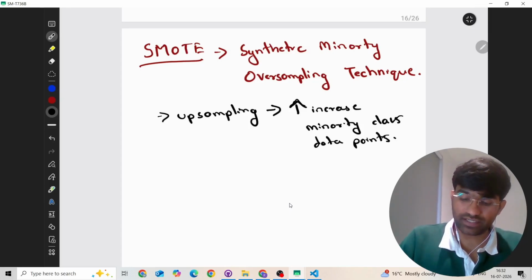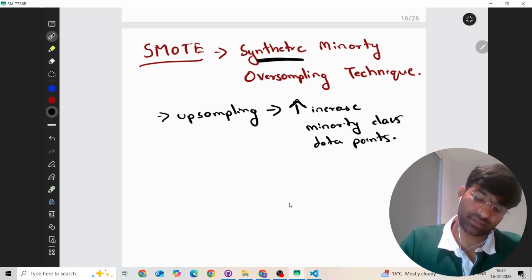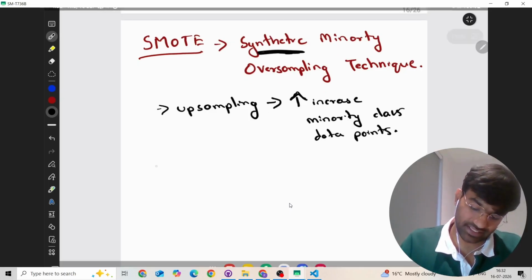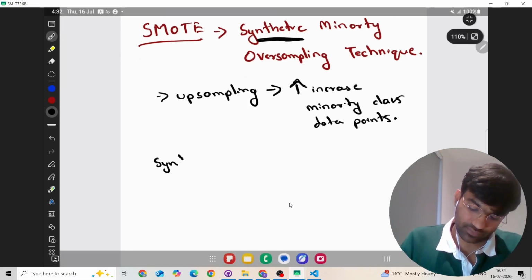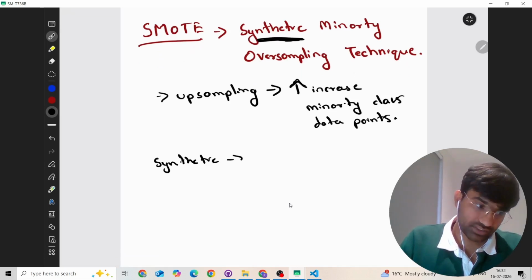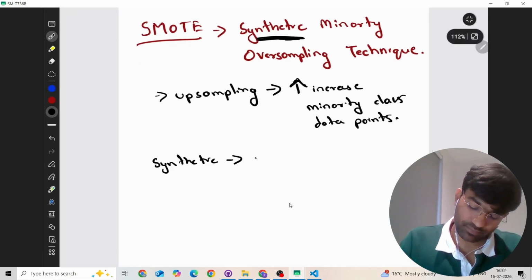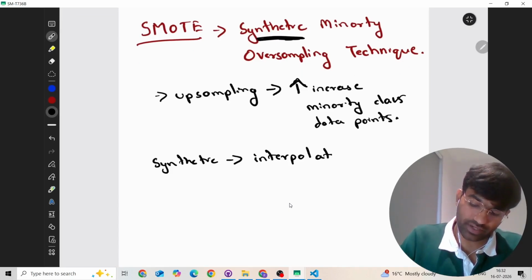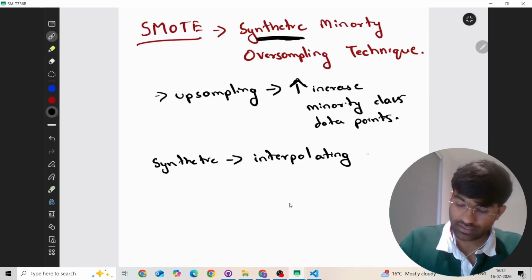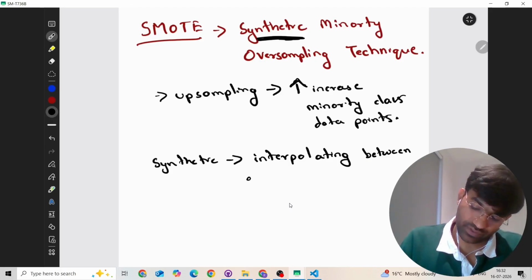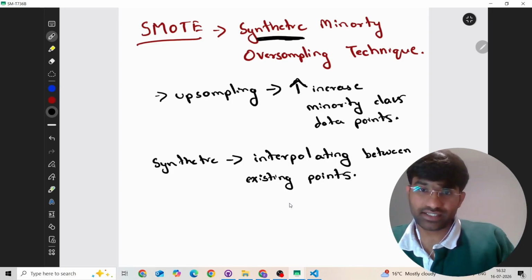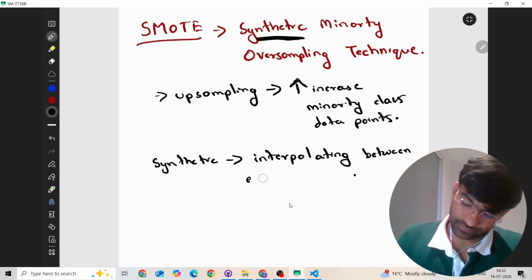And second, why do I use the word synthetic? What is the meaning of synthetic here? Synthetic means it will generate data by interpolating between existing points. Interpolating is the important word here.